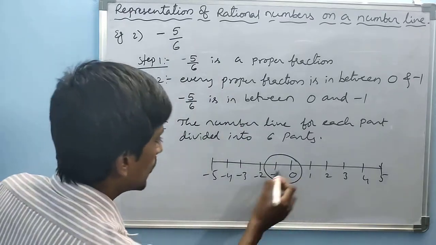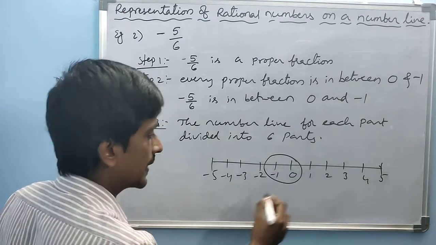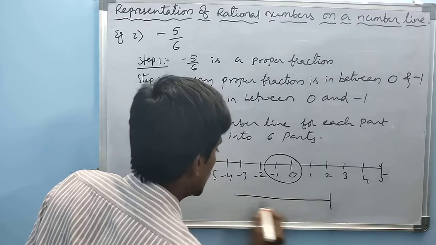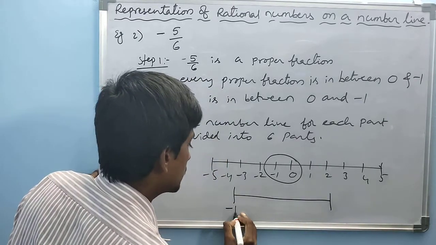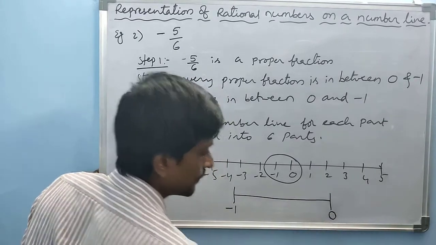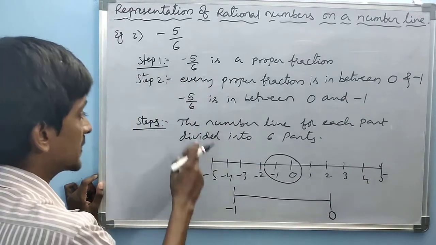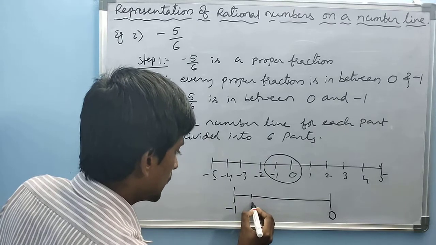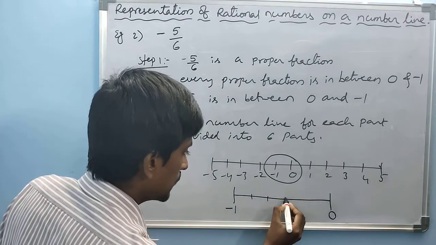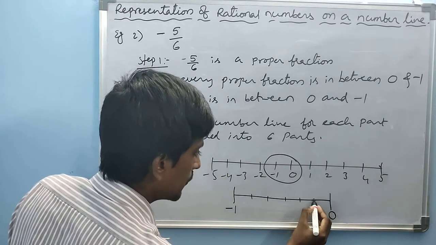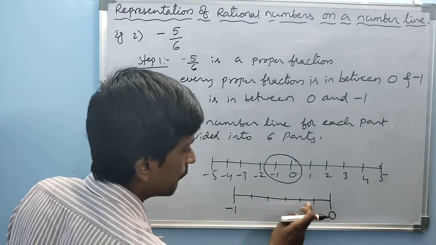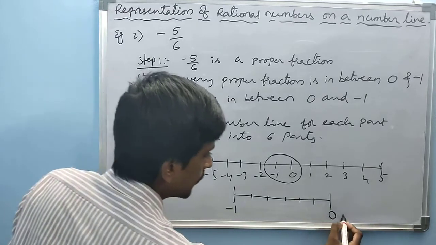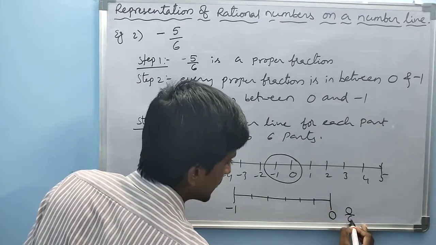Okay. Now 0 and minus 1 can be expanded. This is minus 1, this is 0. Now how many parts can it be divided into? 6 parts. 1, 2, 3, 4, 5, 6. 6 parts divided. So 0 means 0 by 6.